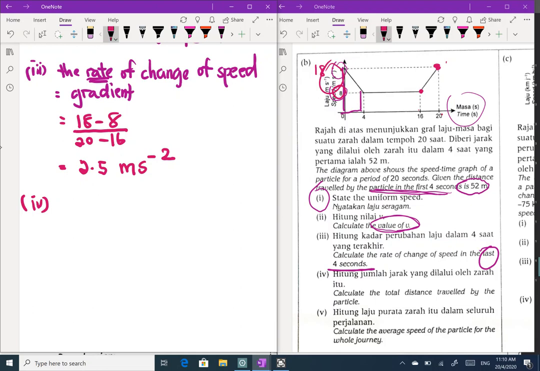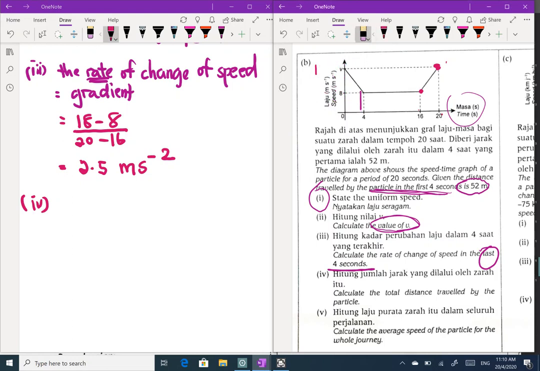Number 4. Calculate the total distance traveled by the particle. Total distance. So I divide it into 3 parts. This one from the question I know already: the distance for this one is 52.